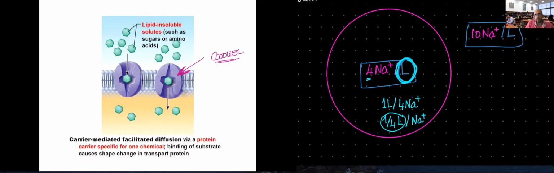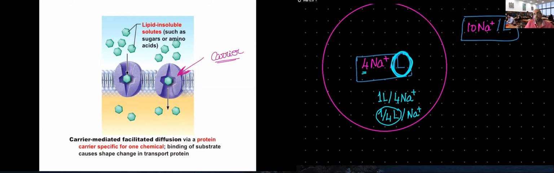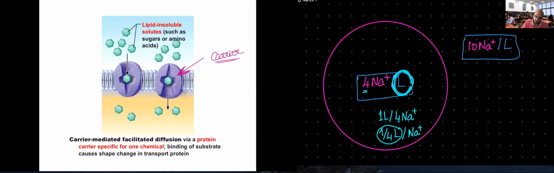Caroline. All right, so what we're doing here, I'm telling you is that outside of the cell, you have 10 sodium per liter.